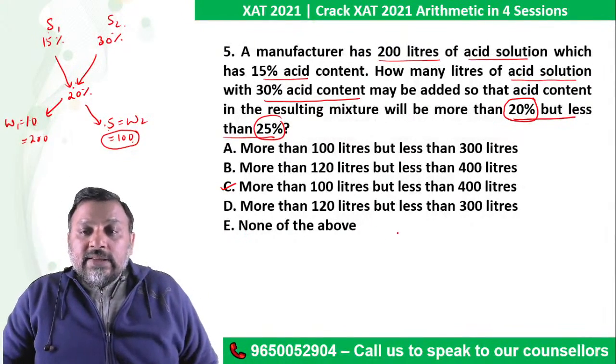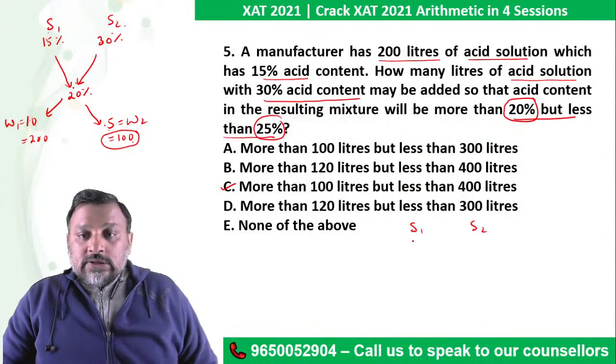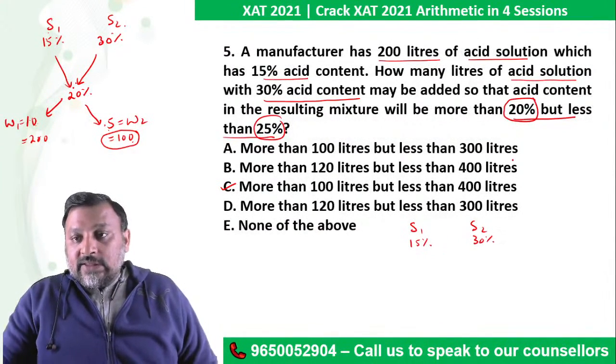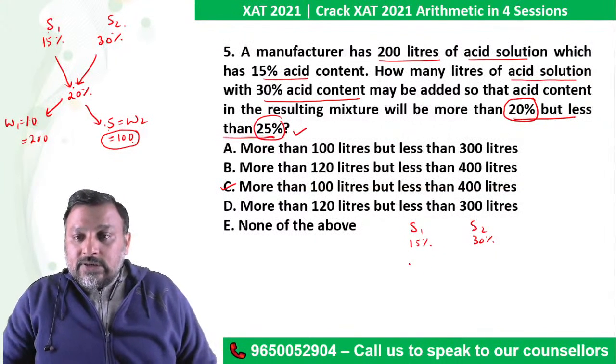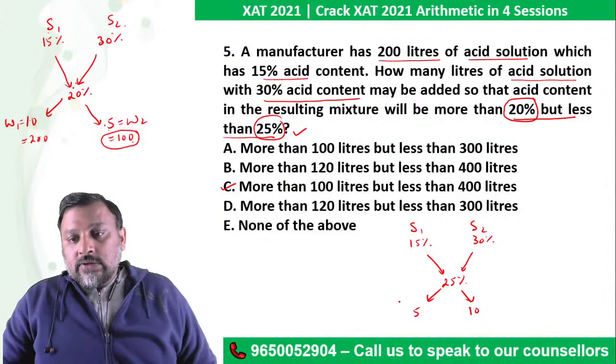Okay, similarly in the second case, S1 and S2, this is 15%, this is 30%. Now I am taking the second extreme, that is 25%. So this difference, which is 5, should be the volume of this, and this difference, which is 10, should be the volume of this.